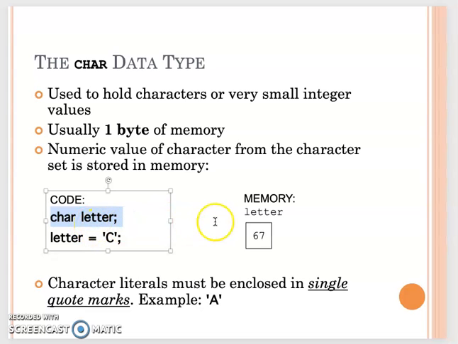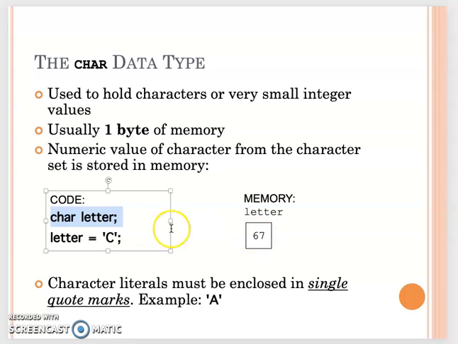After this line, what happens in the memory is that it will find a 1 byte location, then use the letter variable to refer to this location address. It doesn't have a value yet.